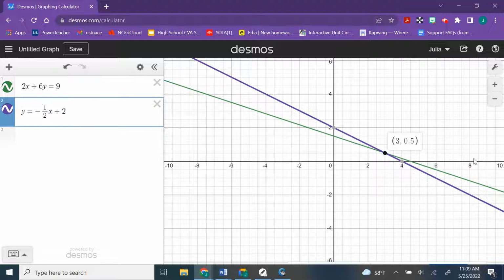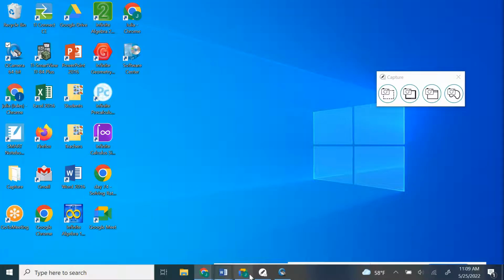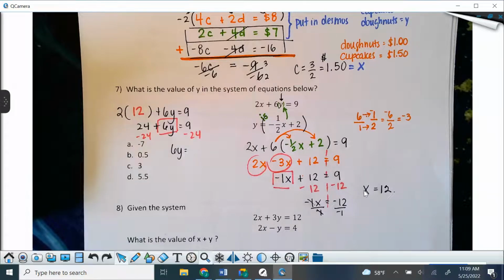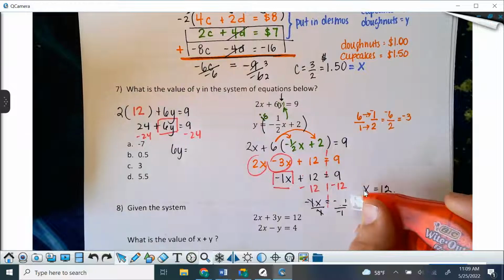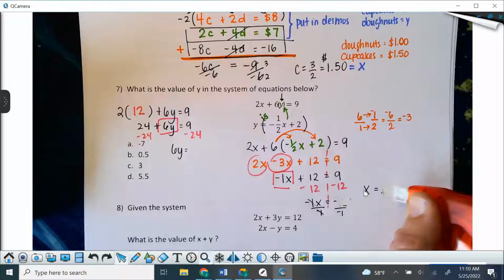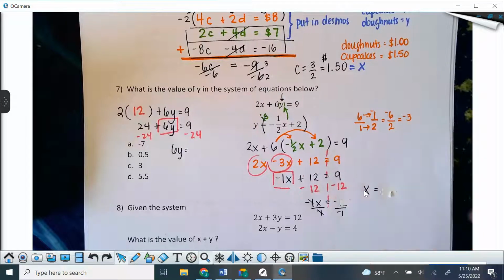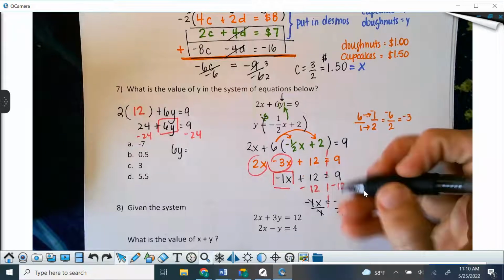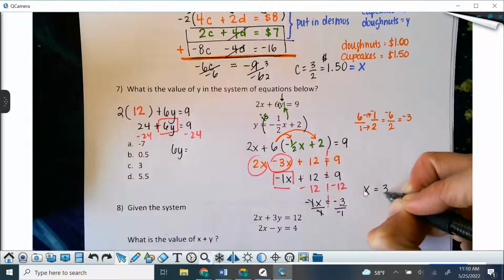I don't know where we messed up. Oh, 9 minus 12 is a negative 3. I see where I messed up. At the very end, what trash. So you see it. 9 minus 12 is not a negative 12. It would be a negative 3. And then divide by that negative 1, we get 3.